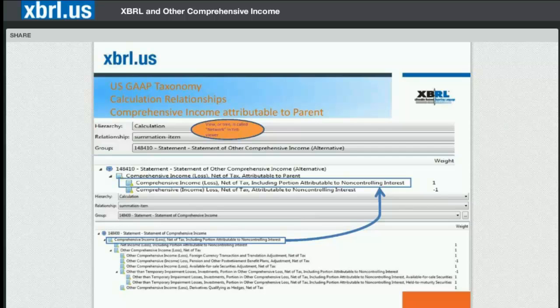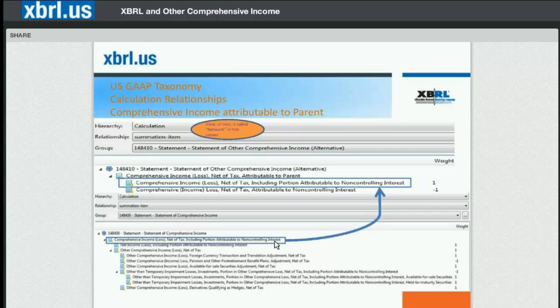Shown at the bottom half of this slide is the calc tree in 148-400 that supports the summation relationships to the summation parent, comprehensive income loss, net of tax, including non-controlling interest.